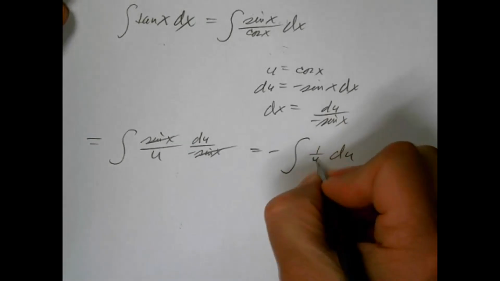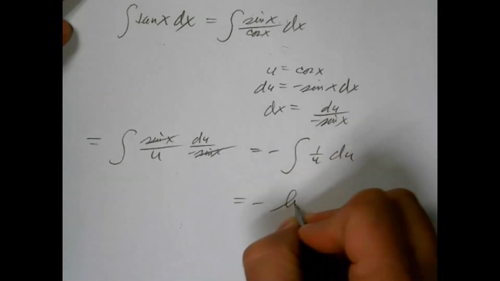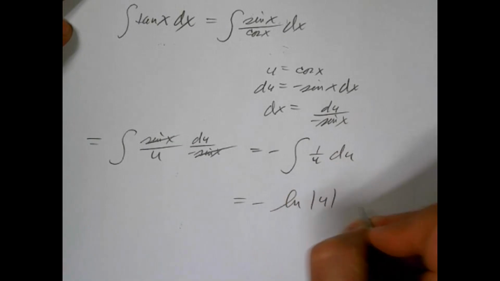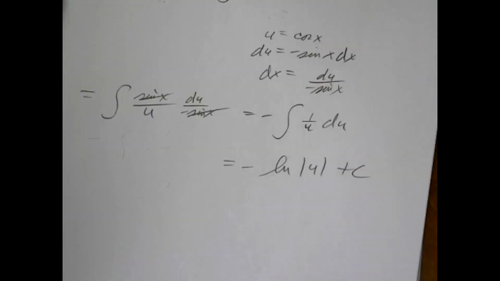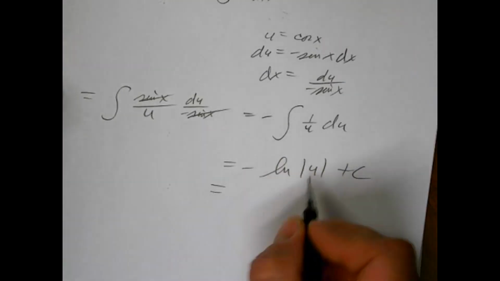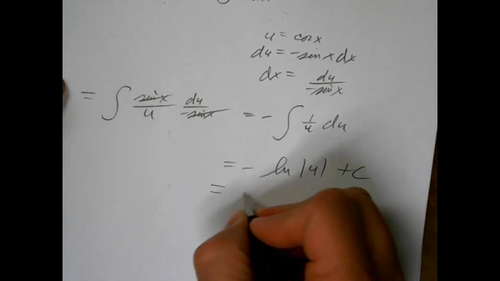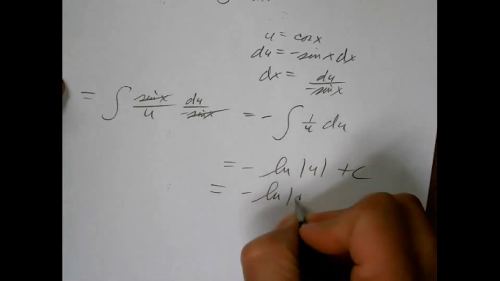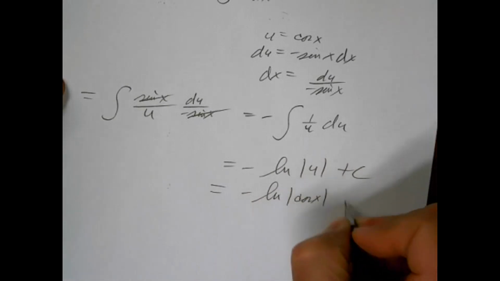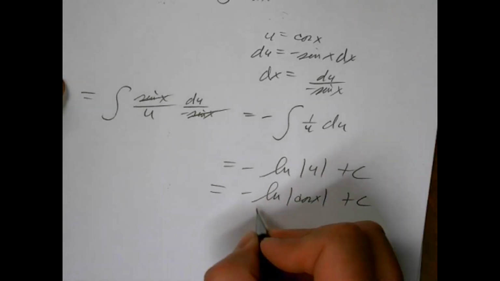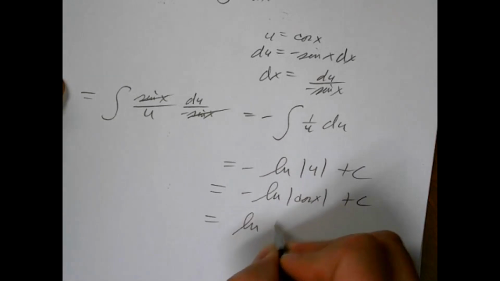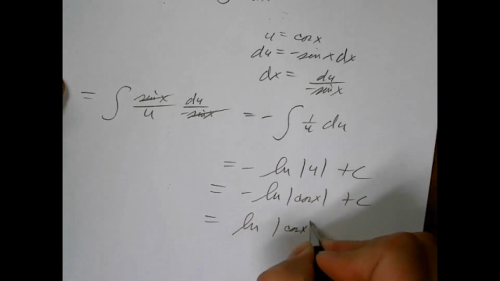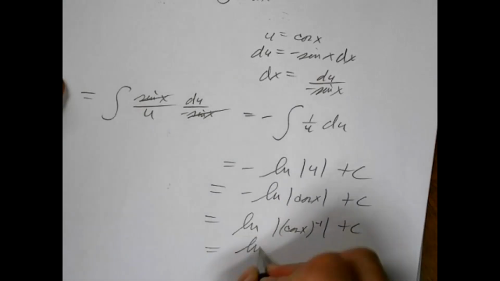Let me write that a little bit better, which is the natural log, absolute value of u, plus a constant of integration, putting back what the u was equal to. That's the opposite of the natural log, the absolute value of cosine of x. And then bringing the negative up, and remembering the cosine to the negative 1 power is 1 over cosine, which is secant.